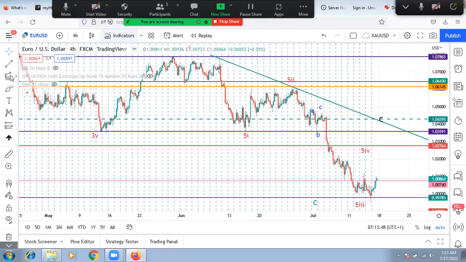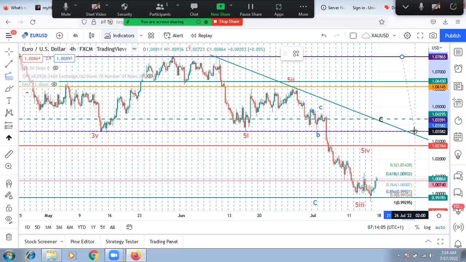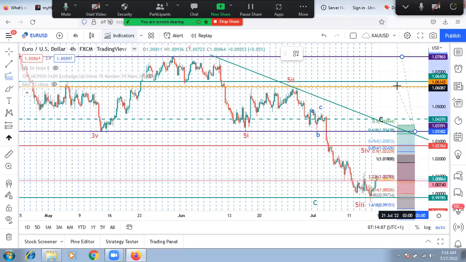To assume that, we're going to come from the beginning of 1 here, to the end of 1 here, which marks the beginning of wave 2 to the upside, and to the end of wave 2 in the golden yellow.